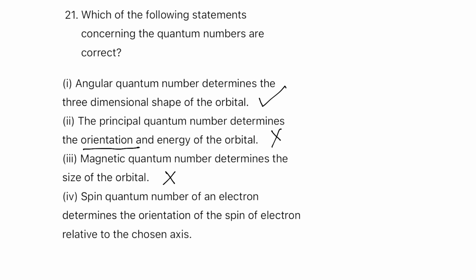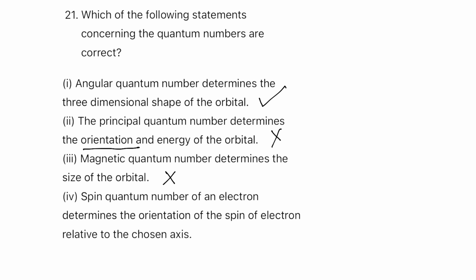First question, we have 1s, 2s, 3s, and 2p, right? For 1s, what is the n value? 1, right? For s, what is the l value? It is 0. n plus l: n value is 1, l value is 0, so 1. 2s, what is that? 2 plus 0. 3s, 3 plus 0, that is 3.